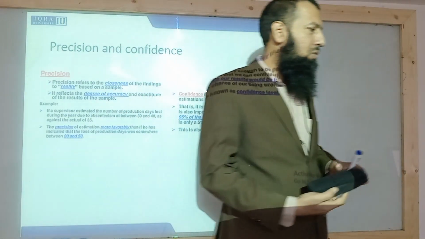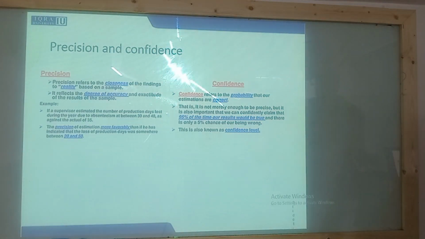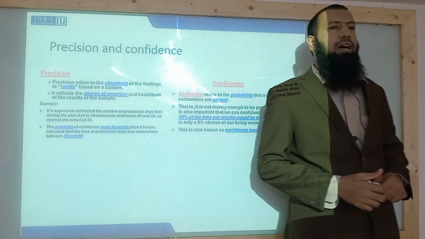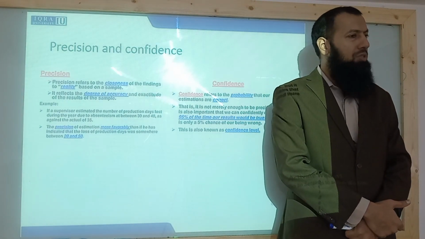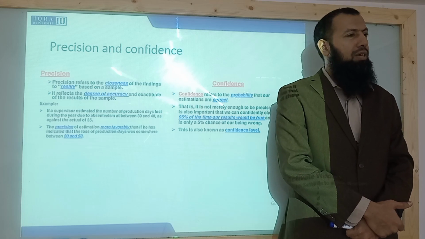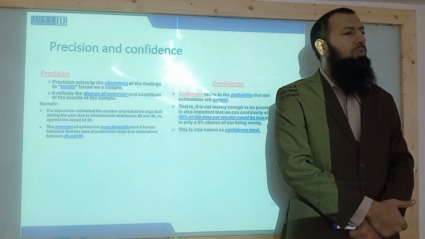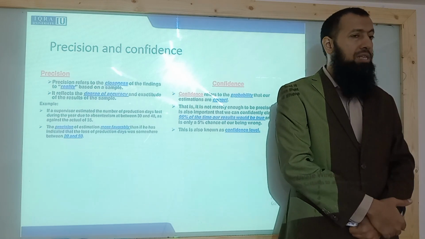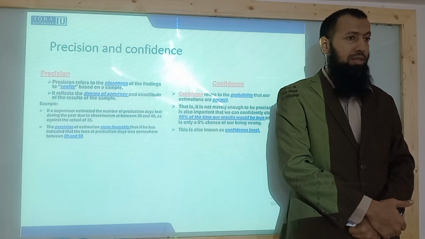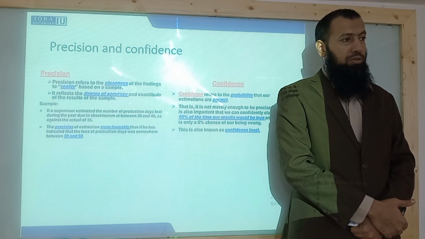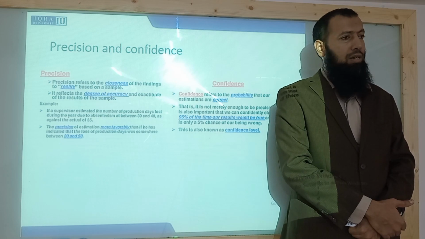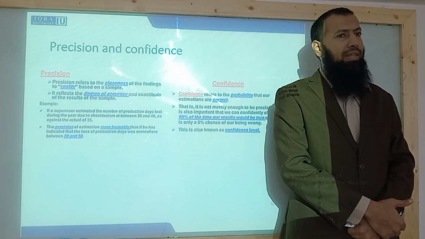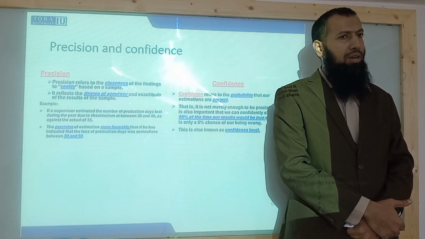Here I would like to give you a very good example of Socrates. Once a student came to Socrates and said, sir, you have been selected as the most intelligent person on this earth. Socrates said, really? I don't know why, but I think I know myself very well.